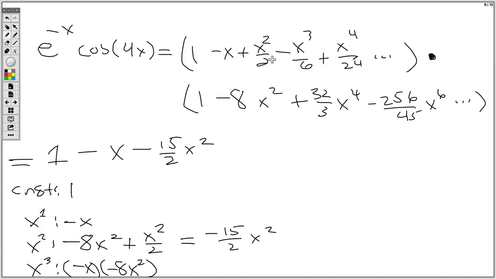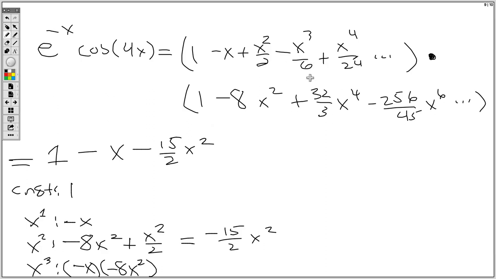Let's move on to the x squared over 2. Can you take x squared over 2 times anything and get an x cubed? Nope. Now I move on to the x to the fourth. Can I take x to the fourth times anything here and get, excuse me, I skipped. Can I take the x cubed over 6 and multiply by anything to get an x cubed?